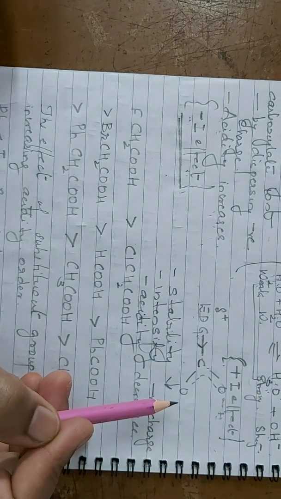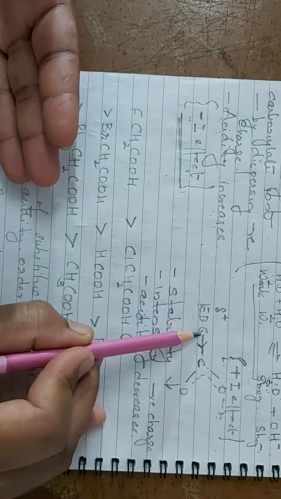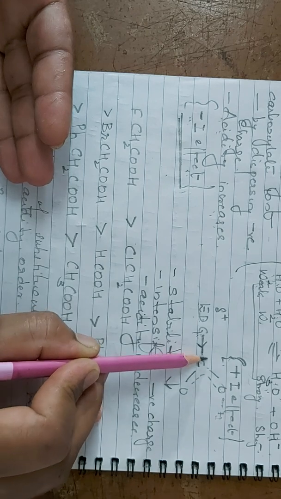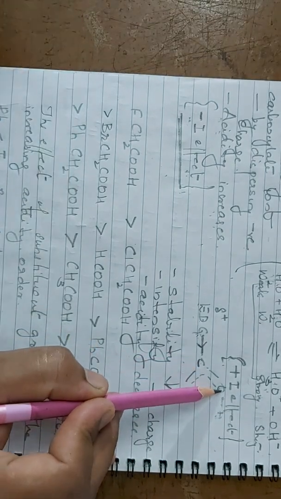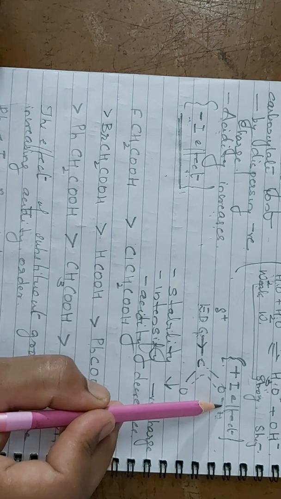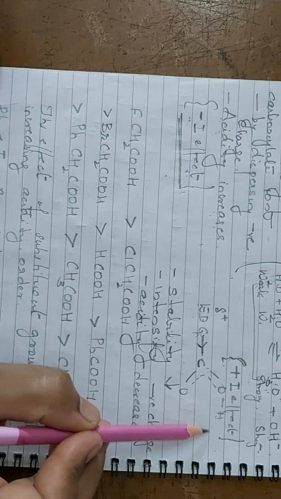Please hear the explanation repeatedly. The electron donating group donates the electrons, and this oxygen is also satisfied with electrons. So there is less chance for the electron pair to get attracted here, and less chance for hydrogen to get released as H plus ion.